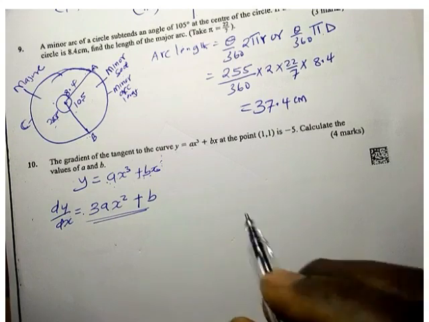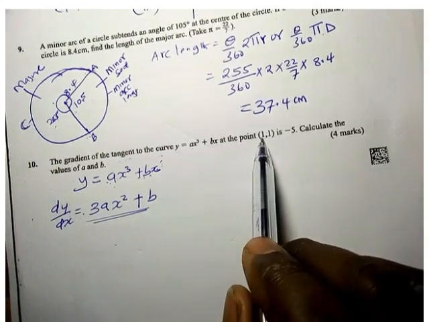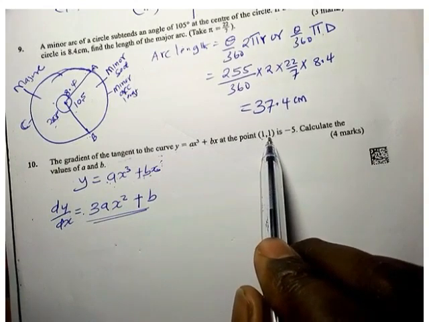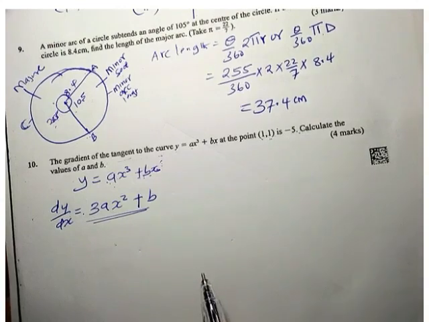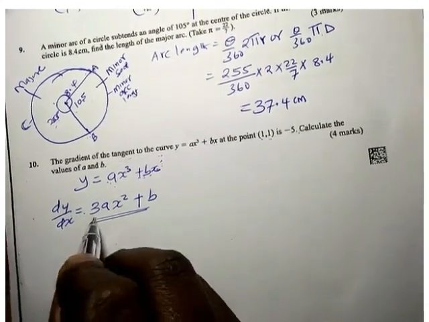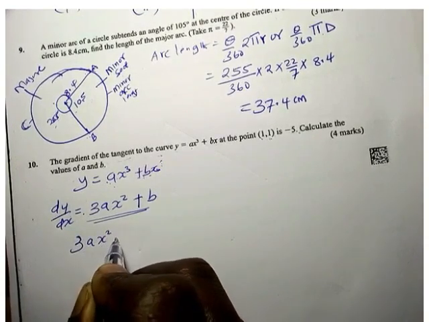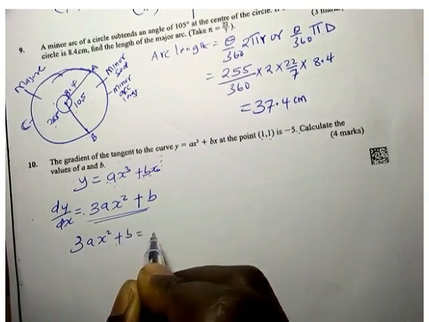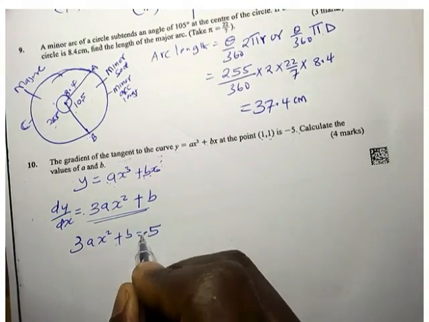But we have been told the gradient function at the point where x is 1, y is 1 is negative 5, right? So it means that 3ax squared plus b is equal to negative 5.